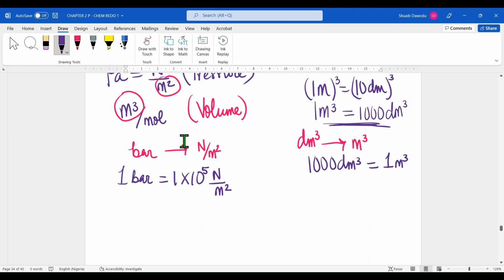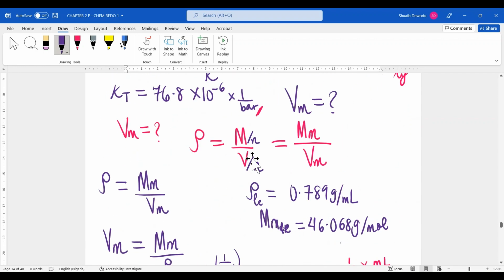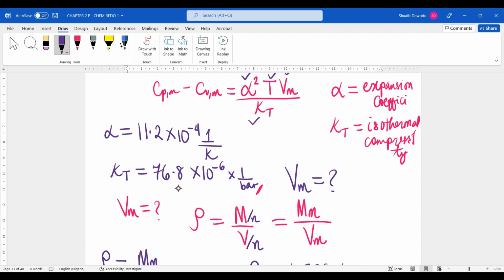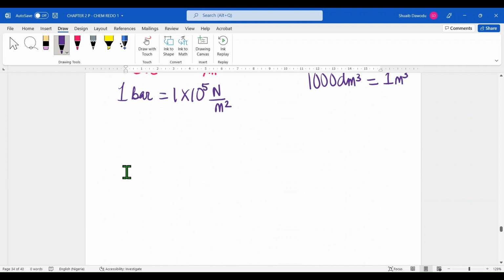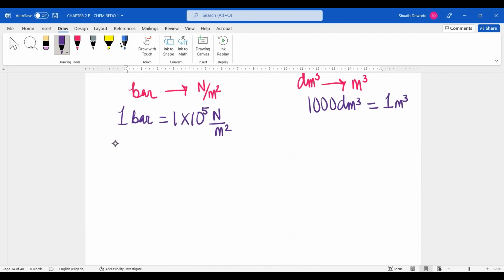So we have this right now. Let's go and see what we're given in terms of bar. We have KT, which is 76.8 times 10 to the power of negative 6 per bar. Per bar is the same thing as 76.8 times 10 to the power of negative 6 divided by 10 raised to the power of 5.